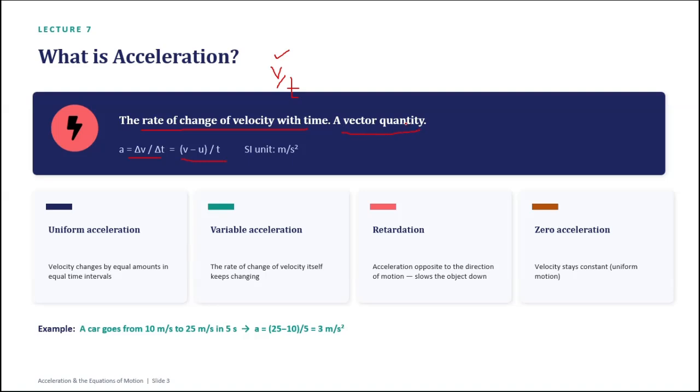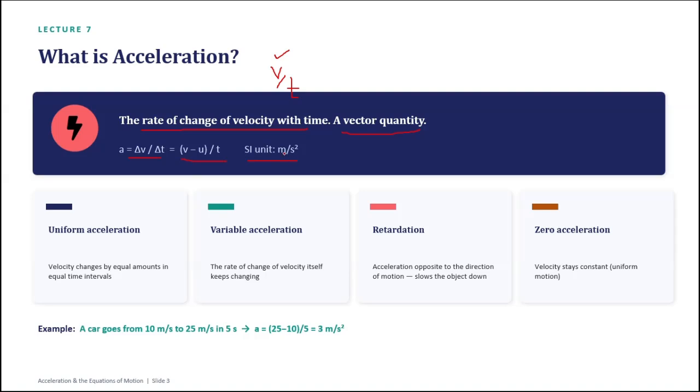Why is it a vector quantity? Because acceleration is velocity divided by time. Velocity is a vector quantity, it has a direction, so acceleration is a vector quantity because it has a direction too.